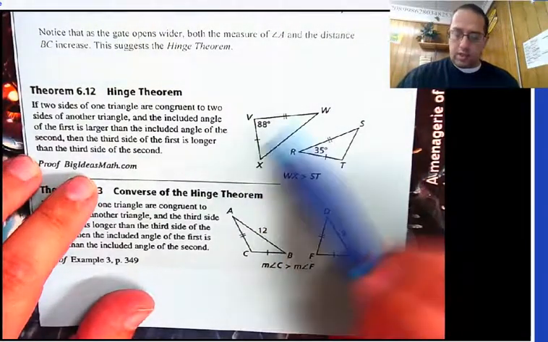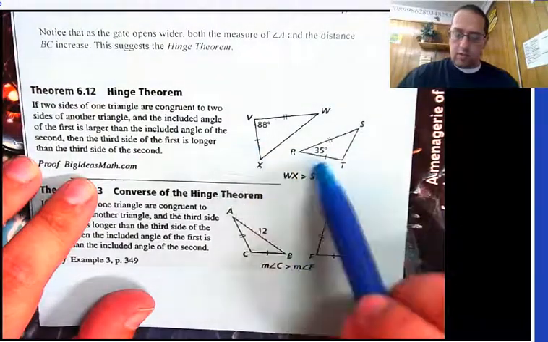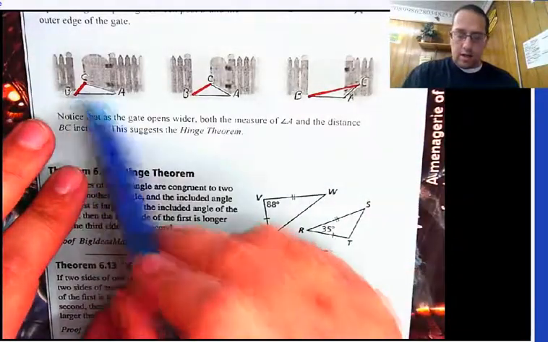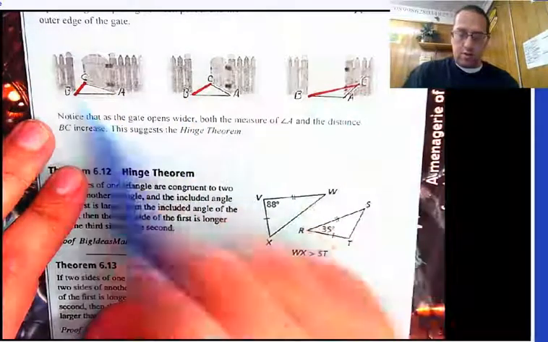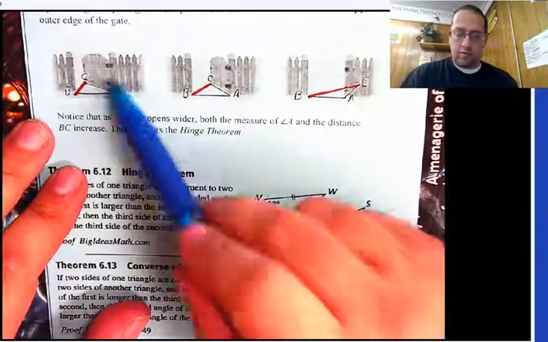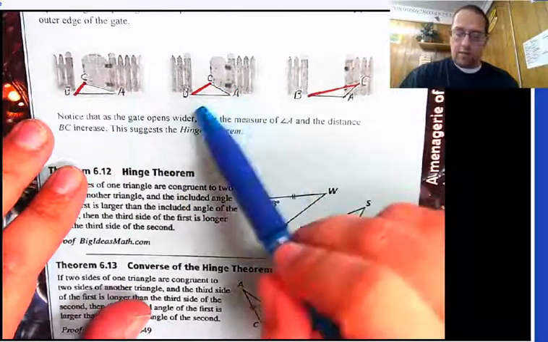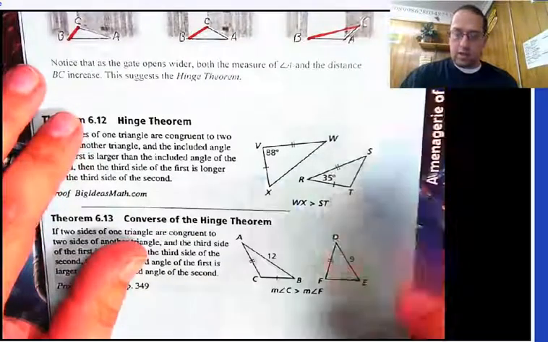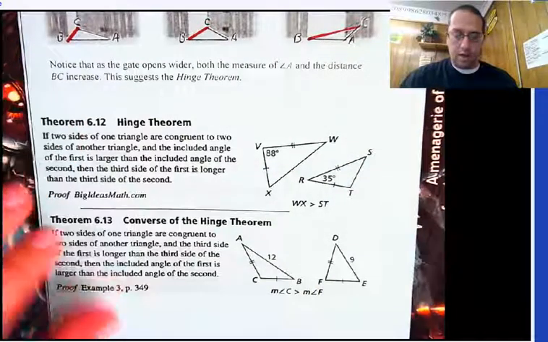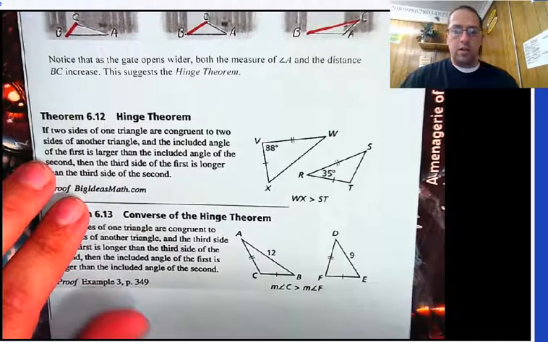So if two sides of one triangle are congruent to two sides of the other, here we see two sides are congruent to those two sides. This is like in the gate, where AB is congruent and AC is congruent in each of them. So we have two sides in one triangle congruent to two sides in another triangle. And the included angle of the first is larger than the included angle of the second.